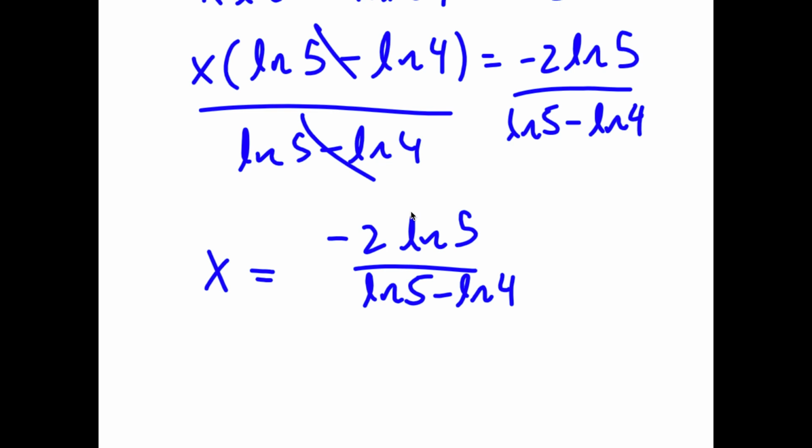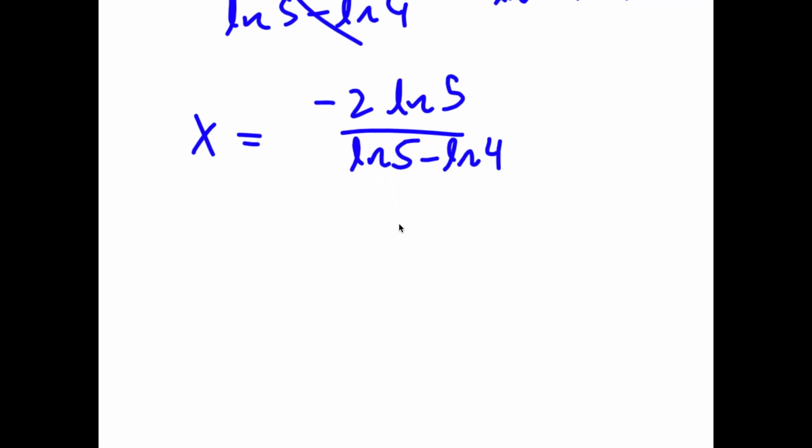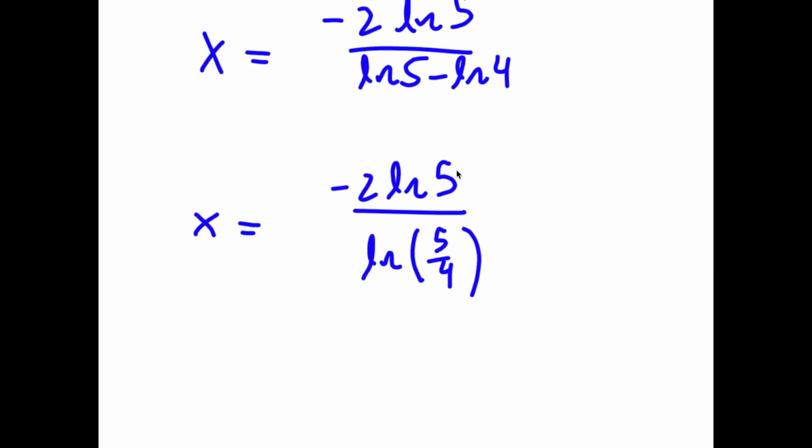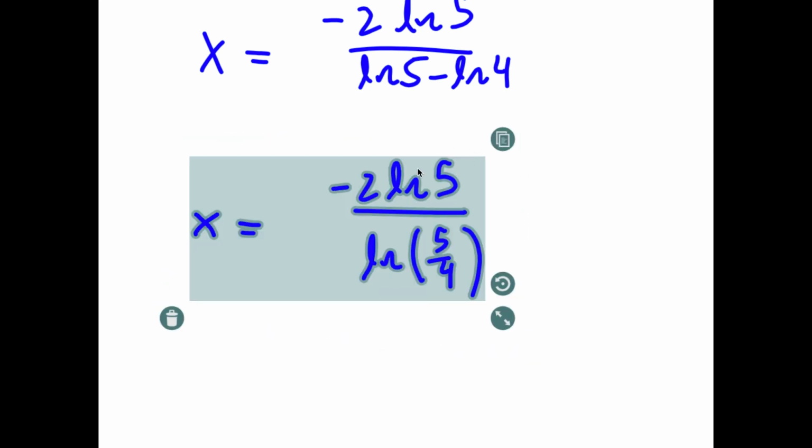Now, ln 5 minus ln 4 is the same thing as ln of 5 over 4. So I have x is equal to negative 2 times ln 5 over ln of 5 over 4. This is my answer.